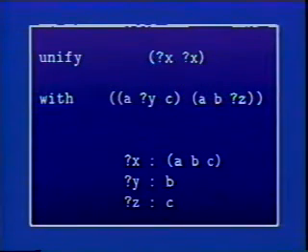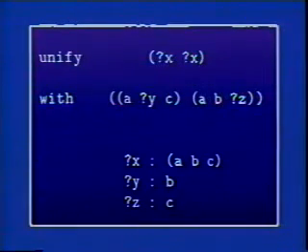And I unify that against the pattern that says there's a two-element list, and the first one is A and something and C, and the second one is A and B and Z. Then what the unifier should tell me is, in that dictionary, X has to be A, B, C, and Y has to be B, and Z has to be C. Those are the restrictions I'd have to put on the values of X, Y, and Z to make these two unify. Or in other words, to make this match X and make this match X. So the unifier should be able to deduce that.